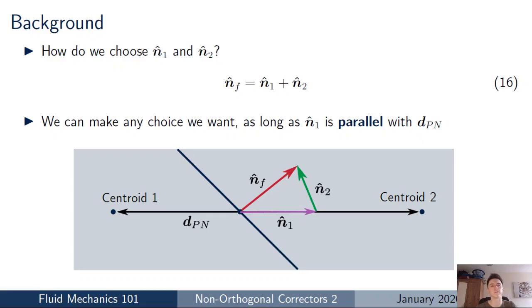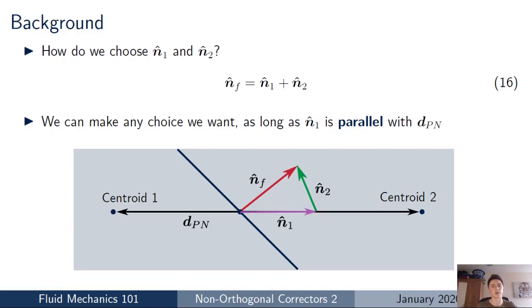So to start things off, it's important to remember that actually there are an infinite number of ways we could perform this decomposition. It doesn't matter what we choose for n1 and n2, as long as n1 is parallel with the vector dpn. So just a reminder, if you look at the diagram there, you can see that nf is in red.